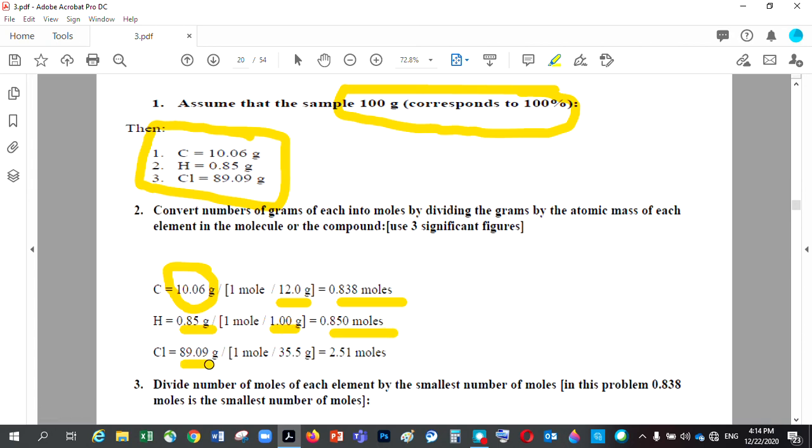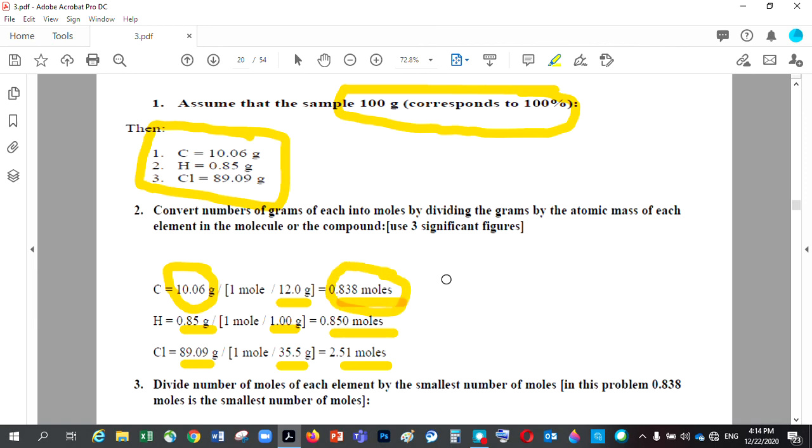For chlorine, I divide the number of grams by its atomic mass, and I get this number of moles. Until now, the steps are straightforward. Now to get the empirical formula, I have to make a ratio by dividing by the least number. The least number, it looks to me, is this one here. So divide the whole thing by this number.